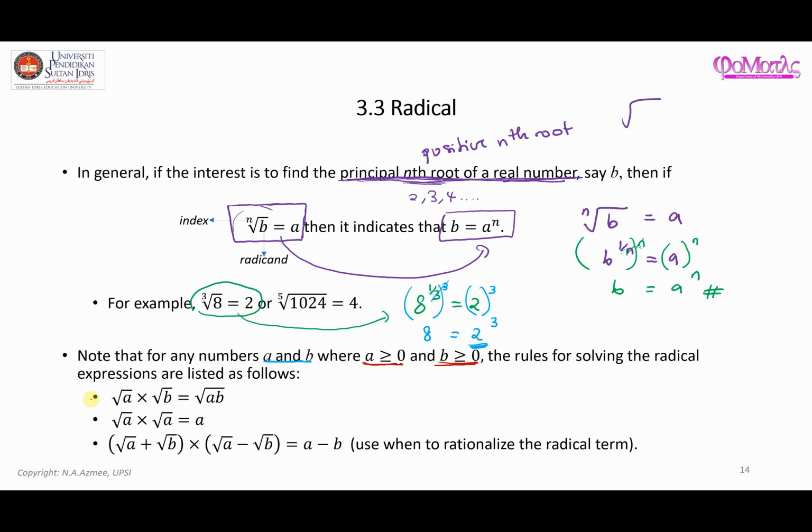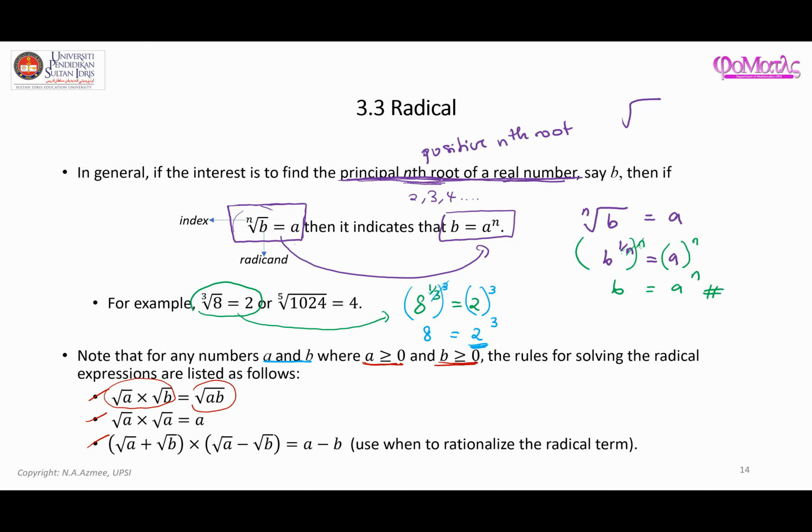We're going to use all these rules in order to solve radical expressions. I'm just going to show how from this left-hand side we get this value over here. It is very simple, and we're just going to use the laws of exponent, which you have already seen in the previous video.